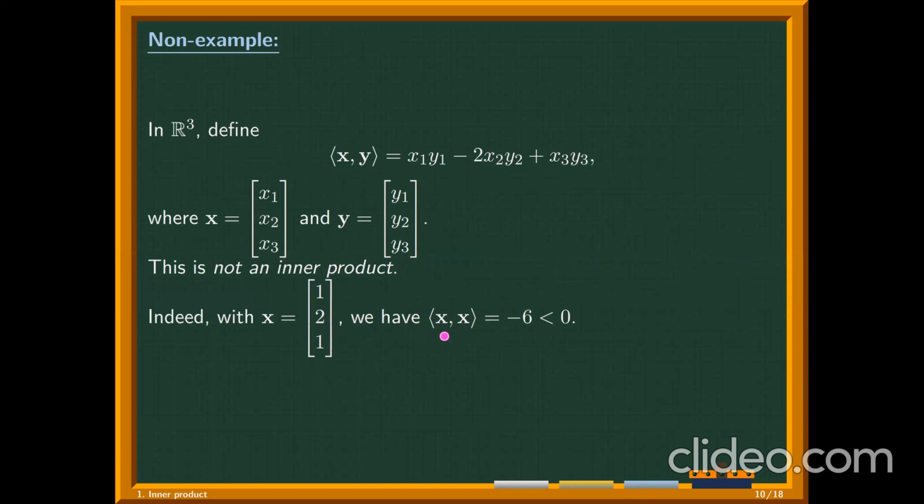The inner product of x with itself equals 1 times 1 minus 2 times 2 times 2 plus 1 times 1. So that's 1 minus 8 plus 1, so negative 6. It is negative. In condition A, we require that for any vector x, the value of the inner product of x with itself is non-negative, greater than or equal to 0. So this is not an inner product on R3.